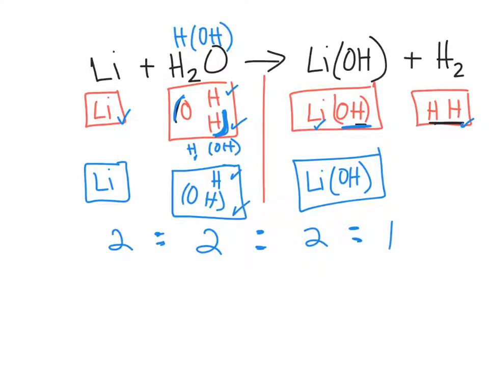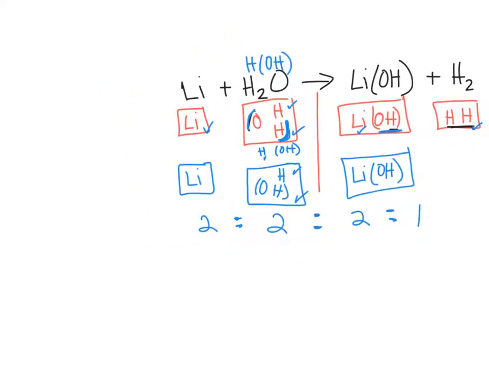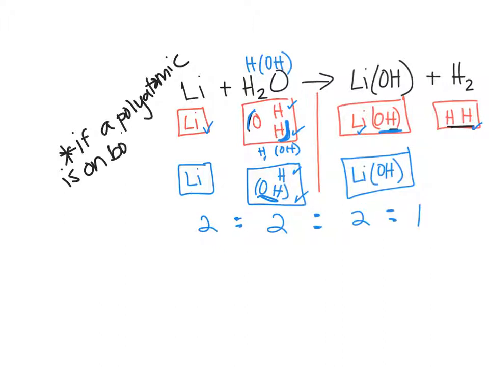My little side note on this one: if you notice what we did, we treated our polyatomic as its own thing. So if you have a polyatomic on both sides, keep it together.